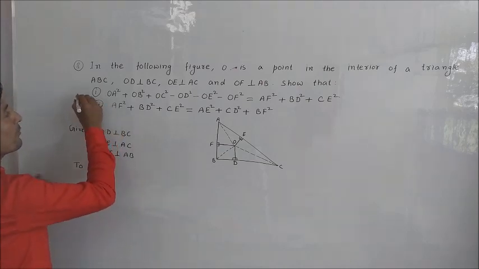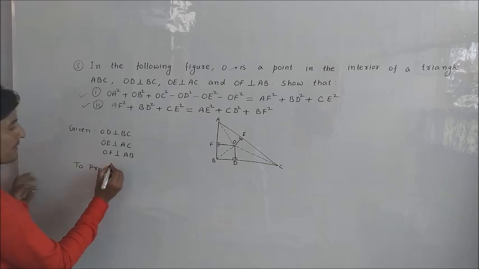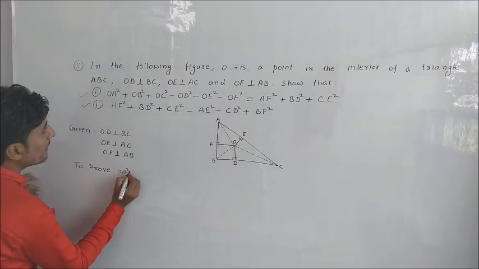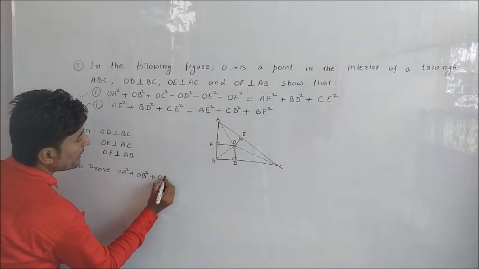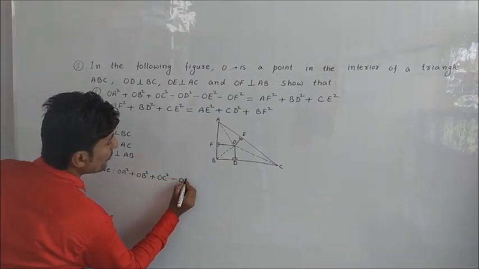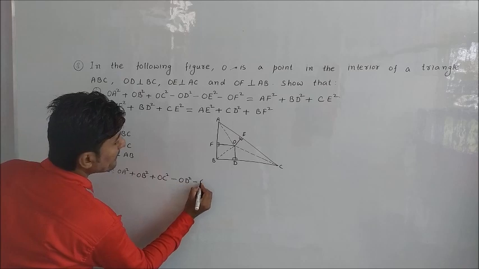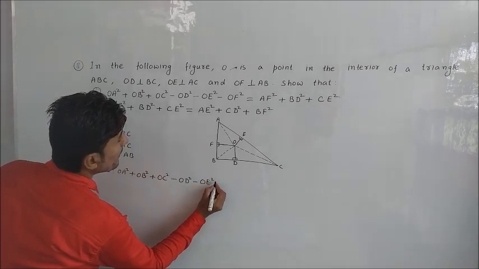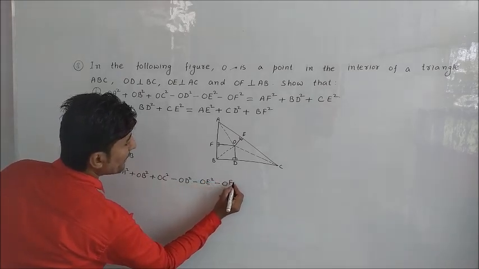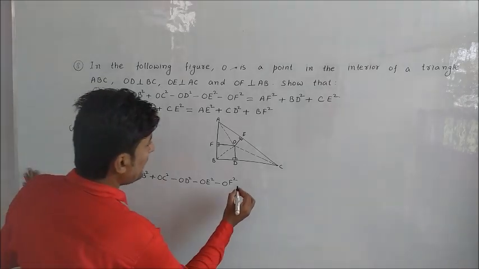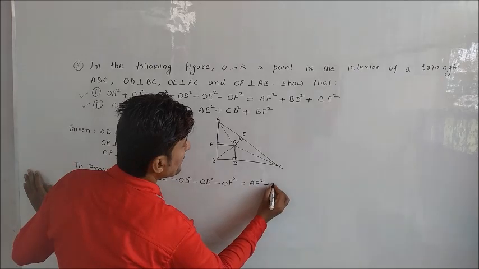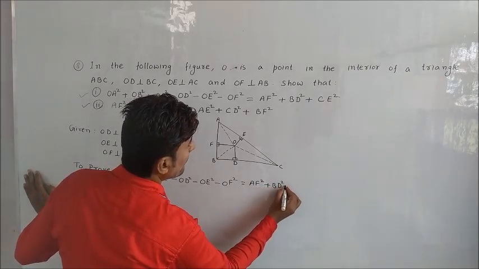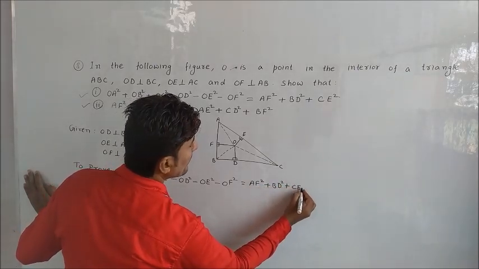In to prove, we have to copy these two lines. OA square plus OB square plus OC square minus OD square minus OE square minus OF square is equal to AF square plus BD square plus CE square.